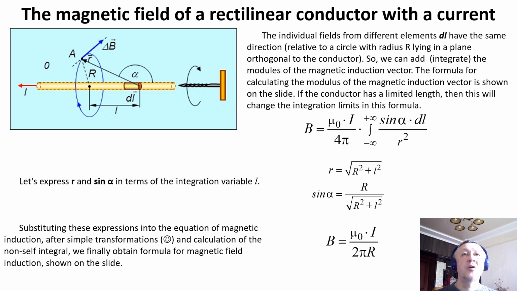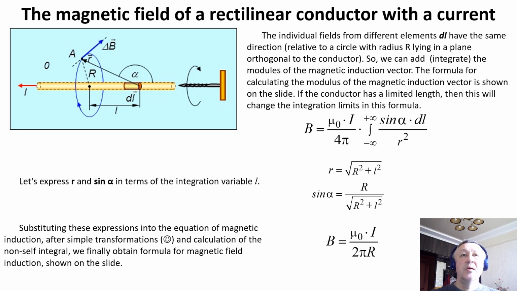The formula for calculating the modulus of the magnetic induction vector is shown on the slide. If the conductor has a limited length, then this will change the integration limits in our formula.